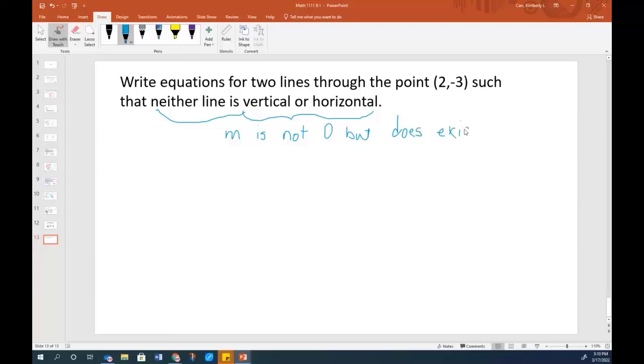So if you know that, pick a slope. I guess that should be pick an m. Pick a slope. Okay? It doesn't matter what you pick.